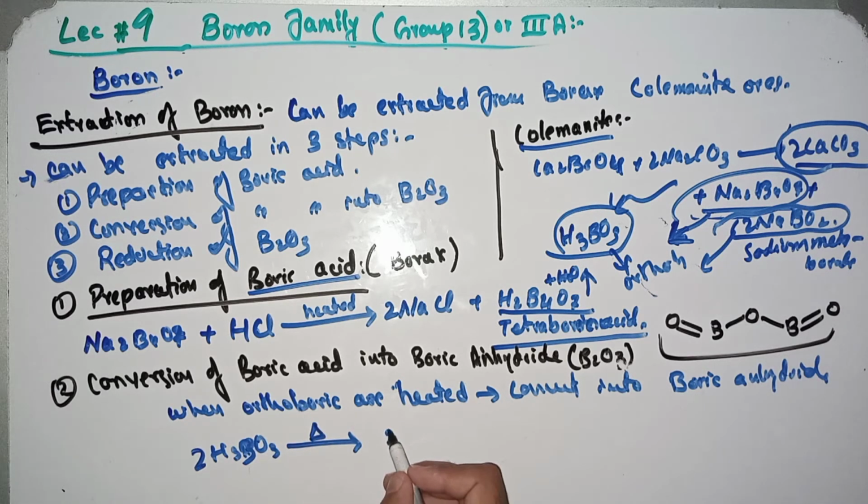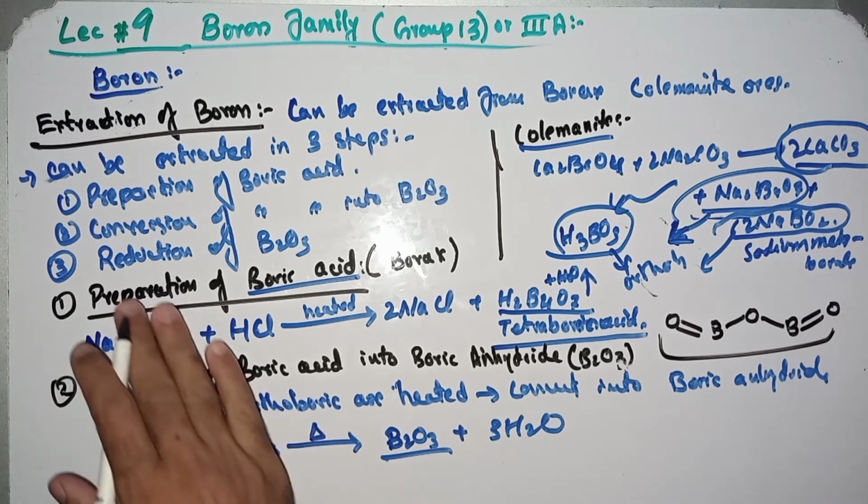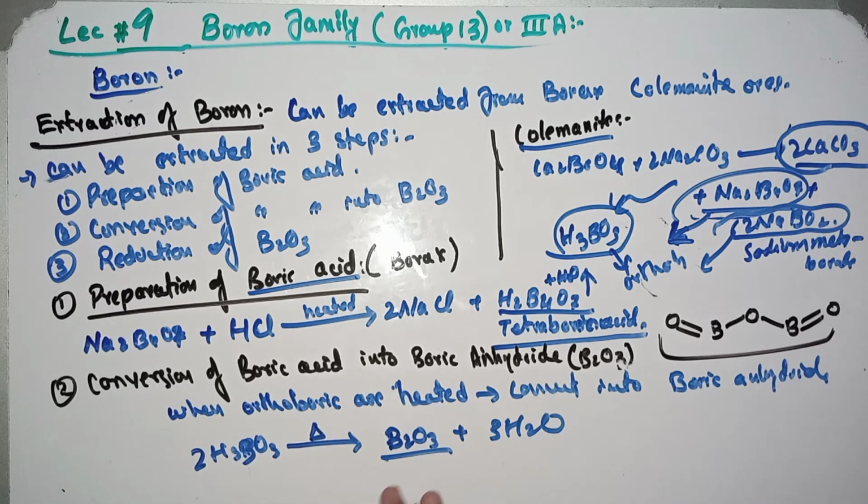This is boric anhydride. After that, the third step is the reduction process. In the third step, boron can be synthesized from boric anhydride. So, go to the next point.